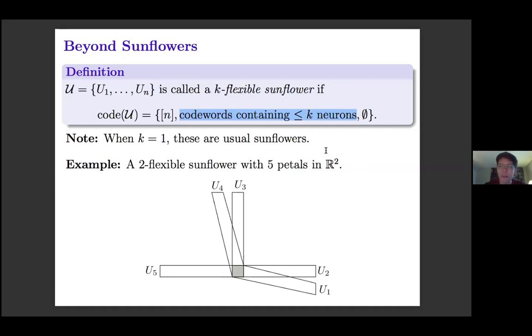But beyond that, there wasn't much to say. There was just a threshold: if you had fewer than that number of code words of weight k, then you could reduce to a case where k was smaller. And if you had more than that number, then things were not well controlled. So there wasn't a smooth, nice dependence to write down.